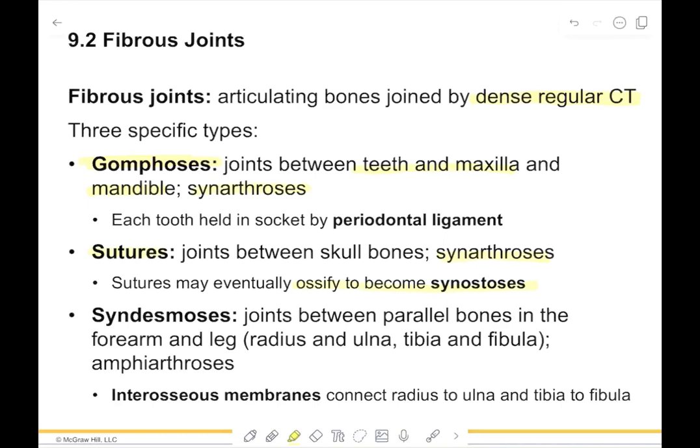The last type is called a syndesmosis, and it's between parallel bones in the forearm, like the radius and the ulna, or in the crural region of the leg, the tibia and the fibula. In this case, it has a slight degree of movement called amphiarthrosis.